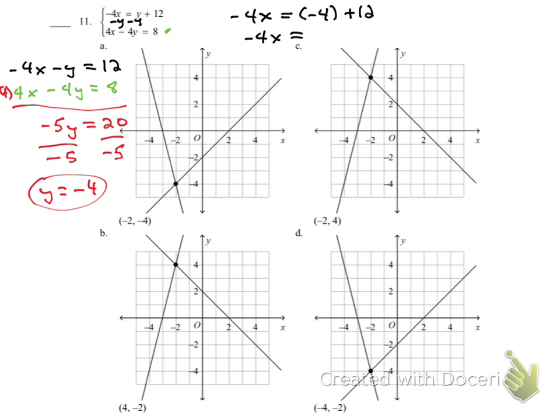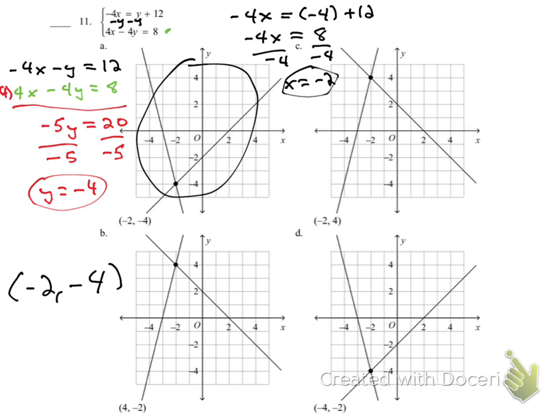Negative 4x equals 8. Divide by negative 4, x equals negative 2. So the answer would be negative 2, negative 4, which would be A. Negative 2, negative 4. So D is the same graph, but that ordered pair is wrong.